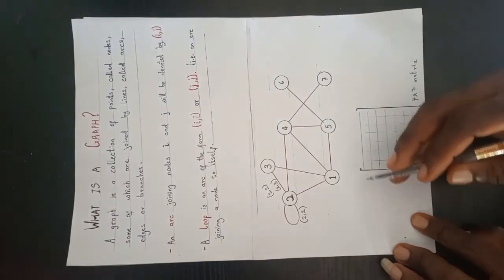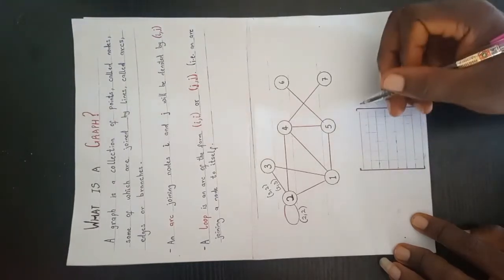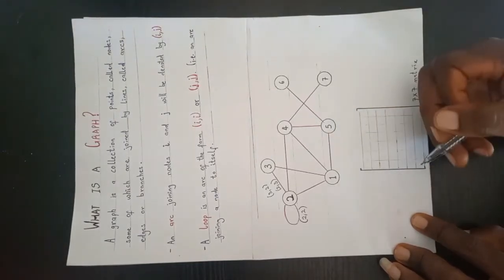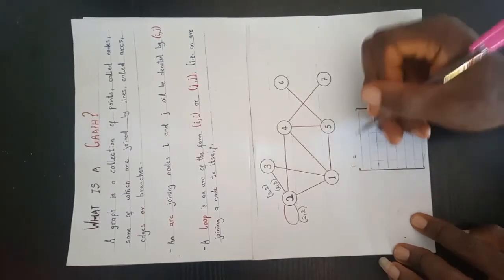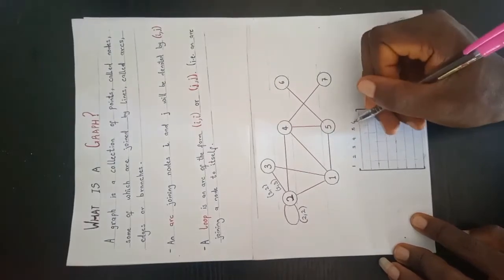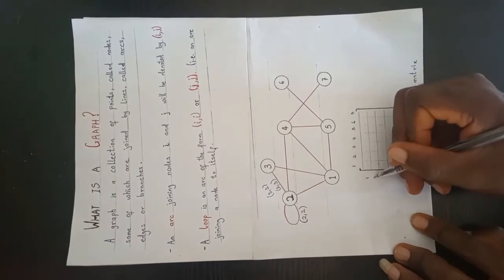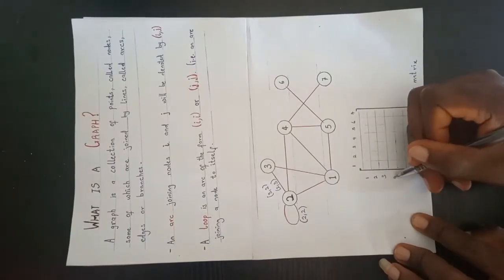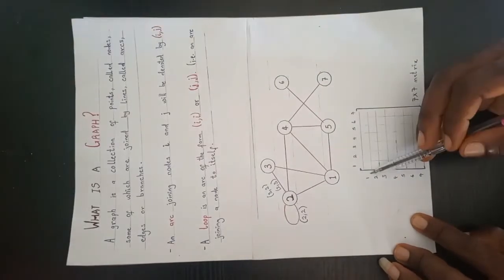First of all, we write out the number of nodes in each row and in each column. So for each column, we have 1, 2, 3, 4, 5, 6, and 7. And for the rows, we have 1, 2, 3, 4, 5, 6, and 7. We have 1 here.